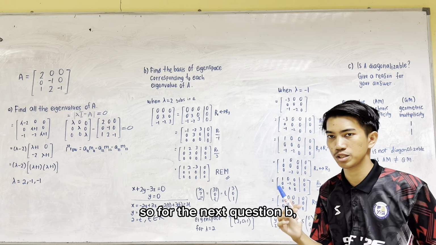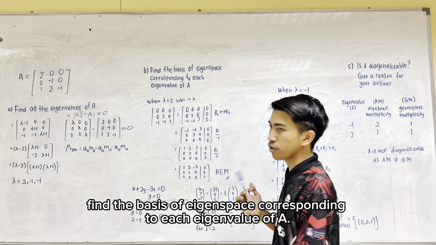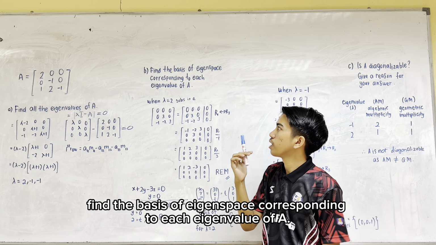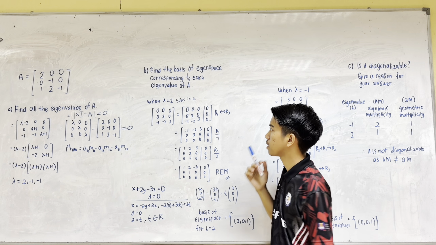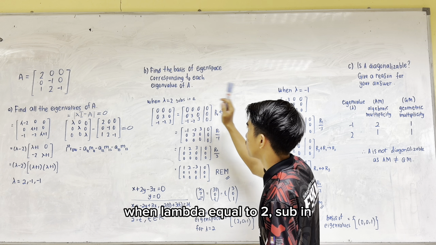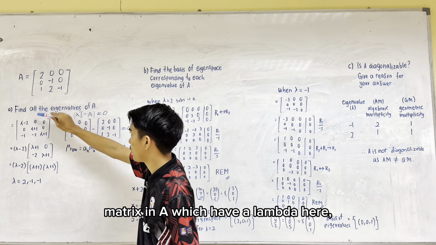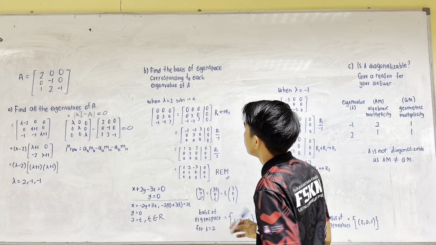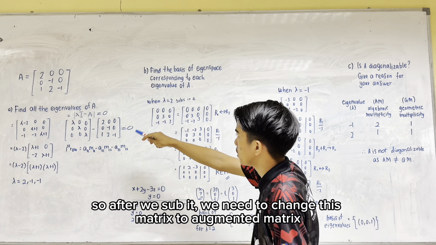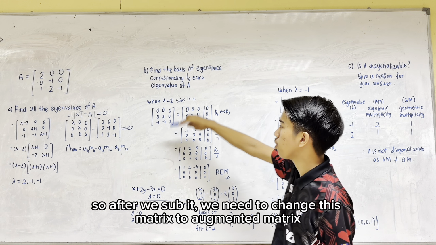For the next question B, find the basis of the eigenspace corresponding to each eigenvalue of A. When lambda equals 2, we substitute the value into the matrix lambda I minus A. After we substitute it, we need to change this matrix to an augmented matrix.